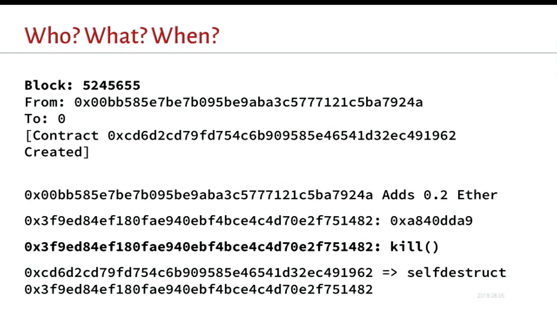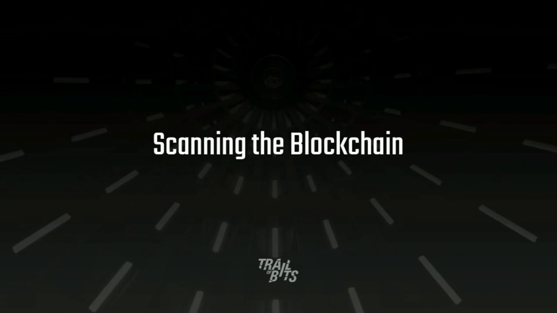And then the self-destruct triggered, and it sent the about 0.2 ether to this new account. So was this an attack? Maybe. It definitely motivated me to get through scanning the whole blockchain and seeing what else is out there.